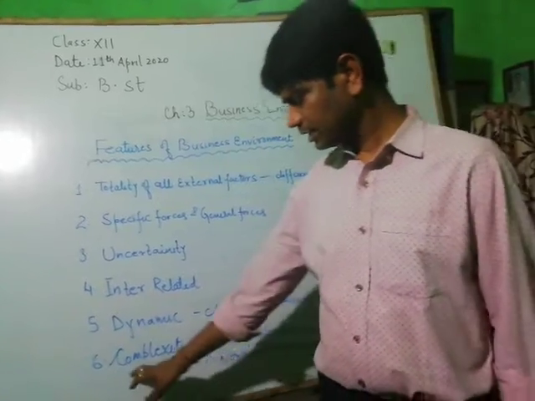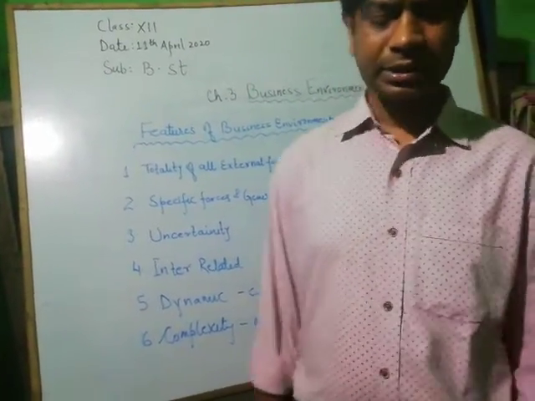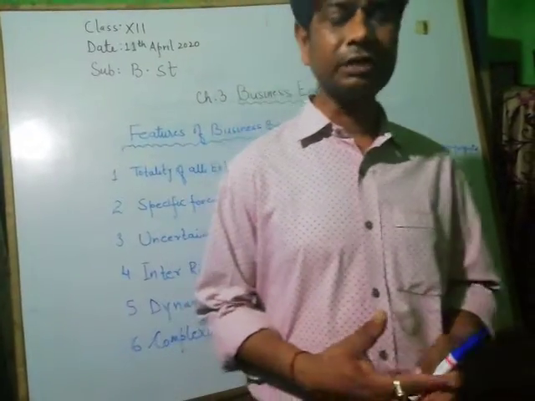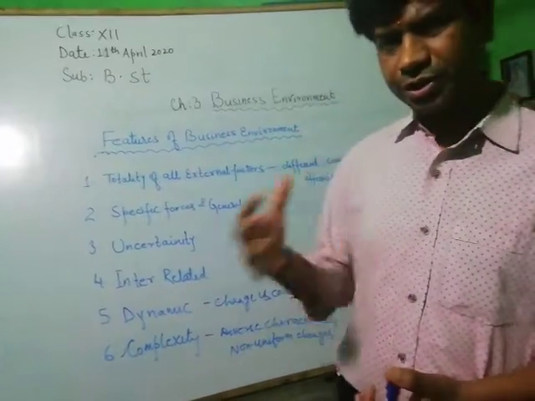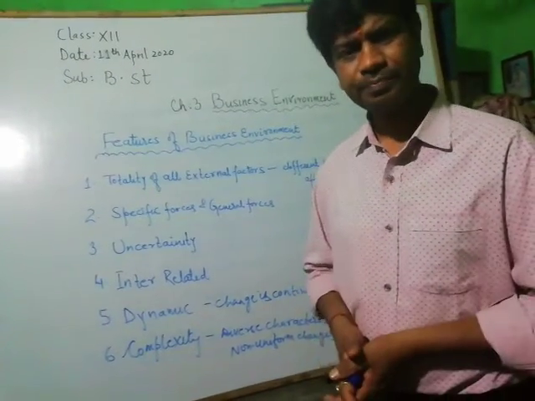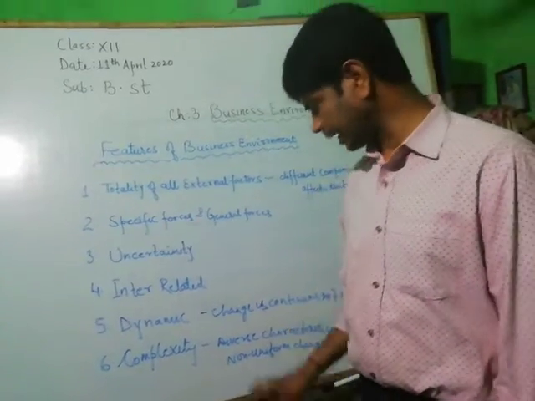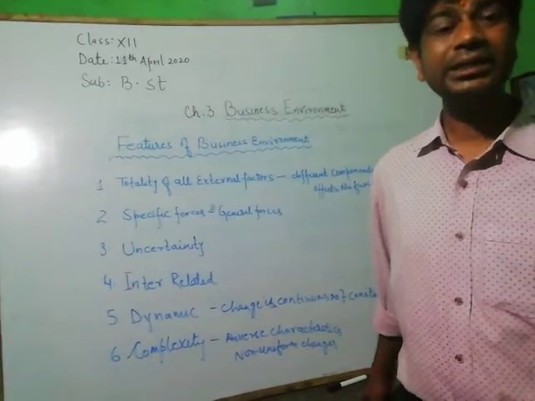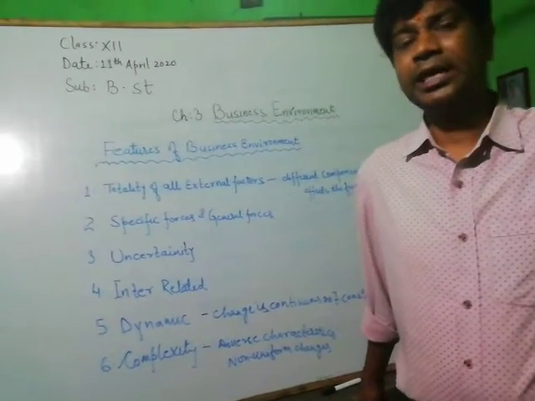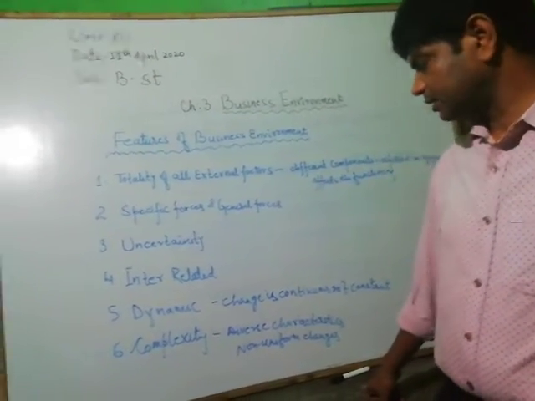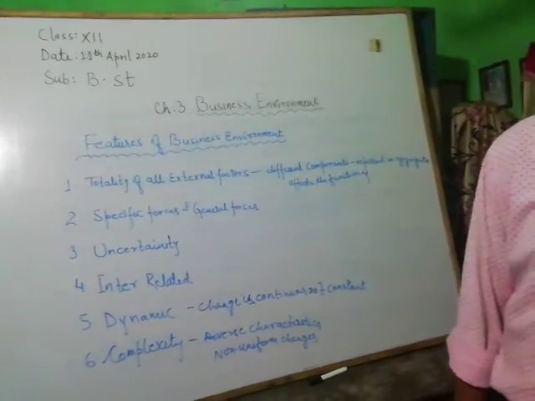Now finally, the sixth point is complexity. When the business environment changes, the forces which result in change, the change in one factor is of diverse nature. The characteristics are diverse and the change is not uniform. It is not always the same. So the business environment tends to be complex.